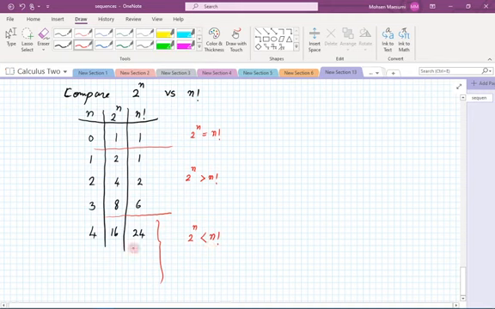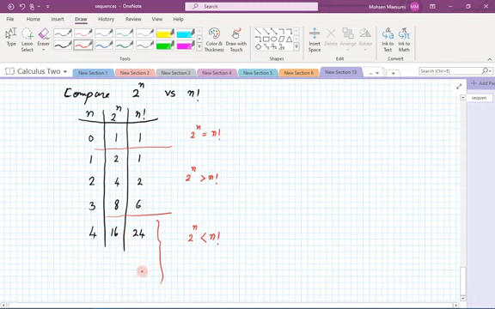It's very easy to see why, because every time here you are multiplying by just 2, but with the factorial every time you are multiplying by a much bigger number. So from here to here you are multiplying by 4, then by 5 and 6 and so on, but here you are always multiplying by 2.